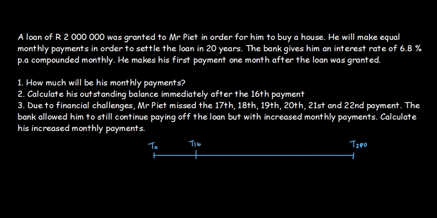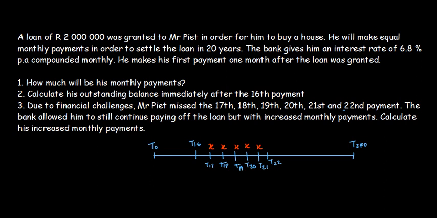Now they are telling you that at T17, T18, T19, T20, T21, and T22, he missed the payments. So I'll put red here to show that he missed the payments on those periods: T17, T18, T19, T20, T21, and T22.